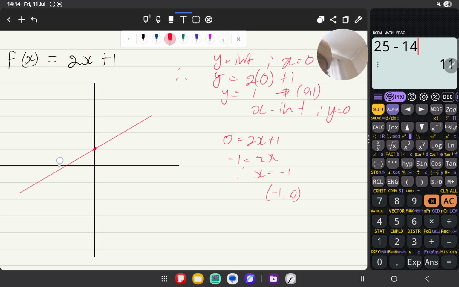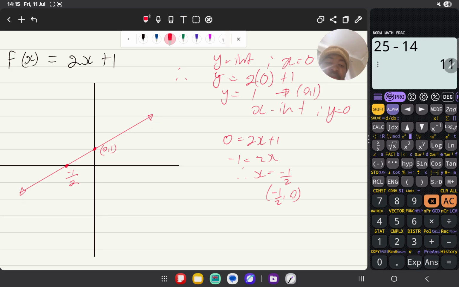Let's say this is where negative 1 is. So you have 0 and 1. You have minus 1. In fact, oh my word, divided by 2, bro. Divided by 2. Just a silly mistake. But yeah, this is your function here.